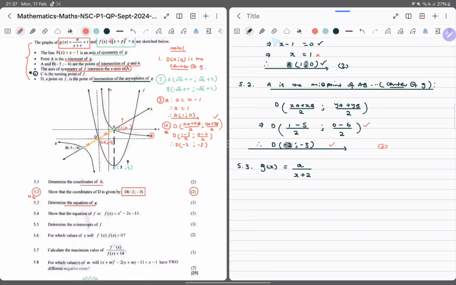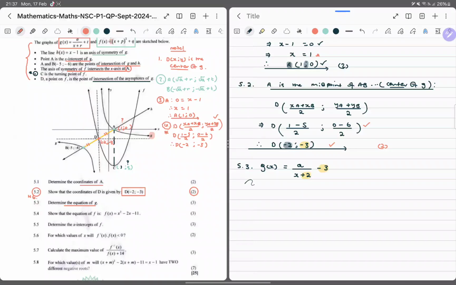Here we take this as it is, from the center, so this is minus 3. I'm just trying to show that we substitute these like that, but do you see here the sign has changed? That's the only difference.